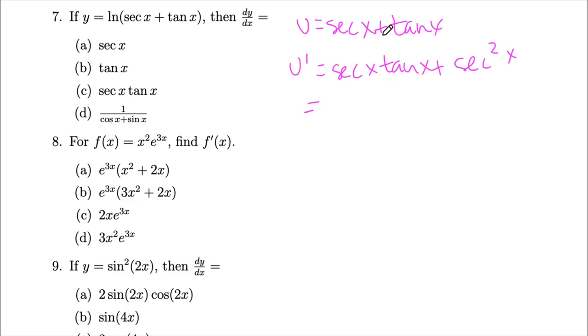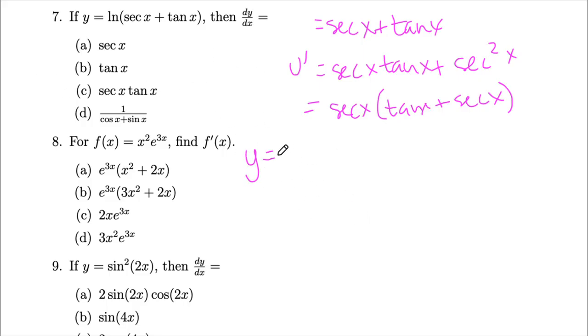I'm going to factor out my GCF now. Mainly I know to do that from experience. I just think it's going to make simplifying later easier. So let's take out the GCF of secant x, and then we're going to get tangent x plus secant x here.